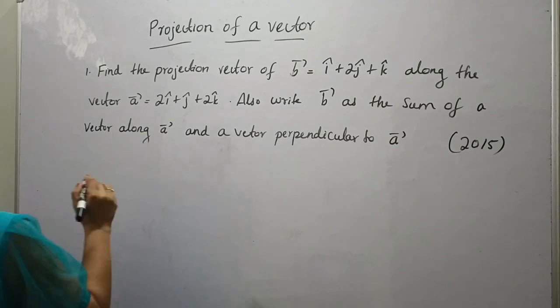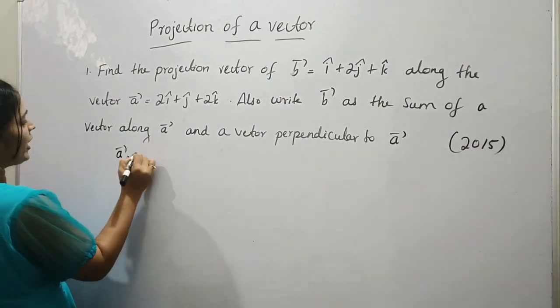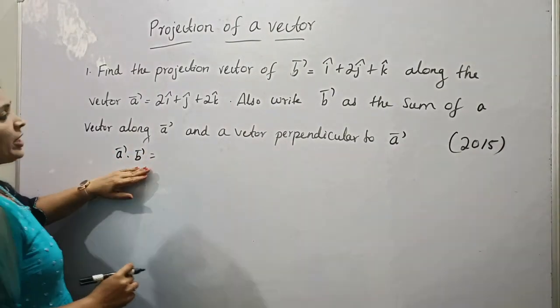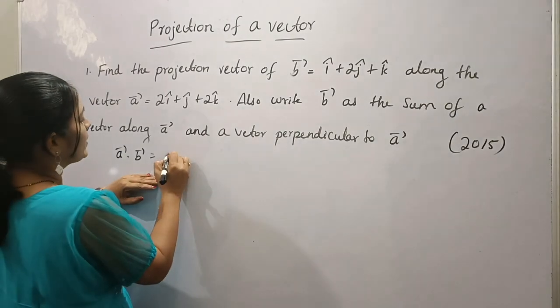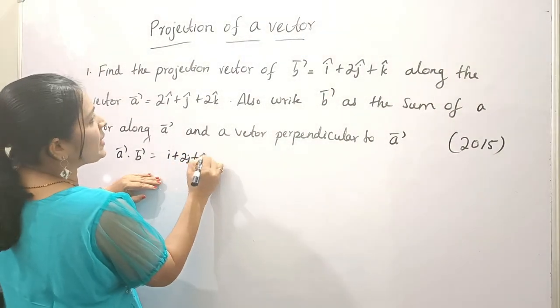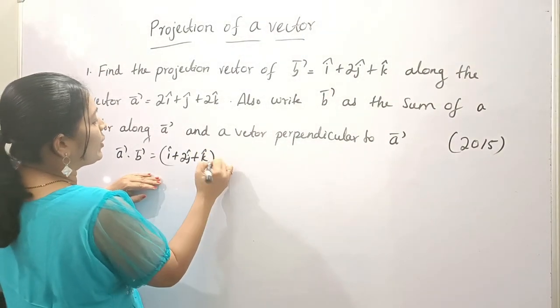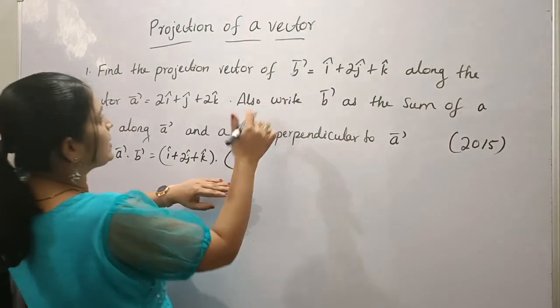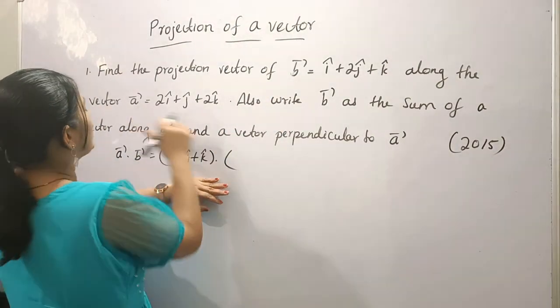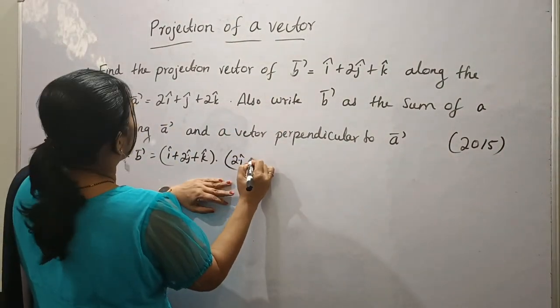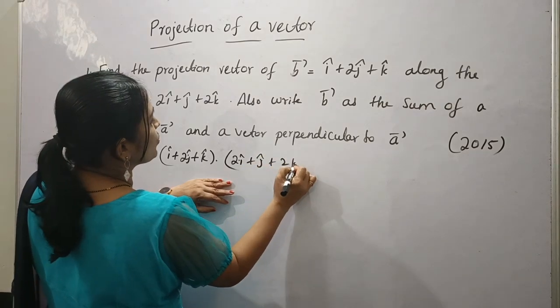Okay, now we will find vector A dot vector B. Vector A dot vector B is equal to i plus 2j plus k dot 2i plus j plus 2k.